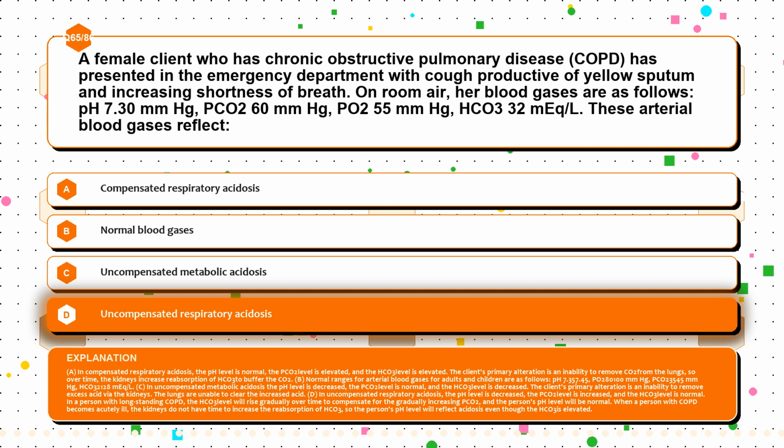In a person with long-standing COPD, the HCO3 level will rise gradually over time to compensate for the gradually increasing PCO2, and the person's pH level will be normal. When a person with COPD becomes acutely ill, the kidneys do not have time to increase the reabsorption of HCO3, so the person's pH level will reflect acidosis even though the HCO3 is elevated.